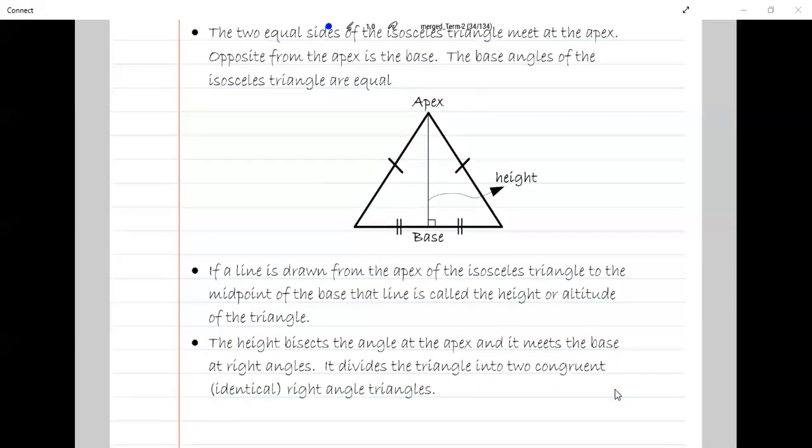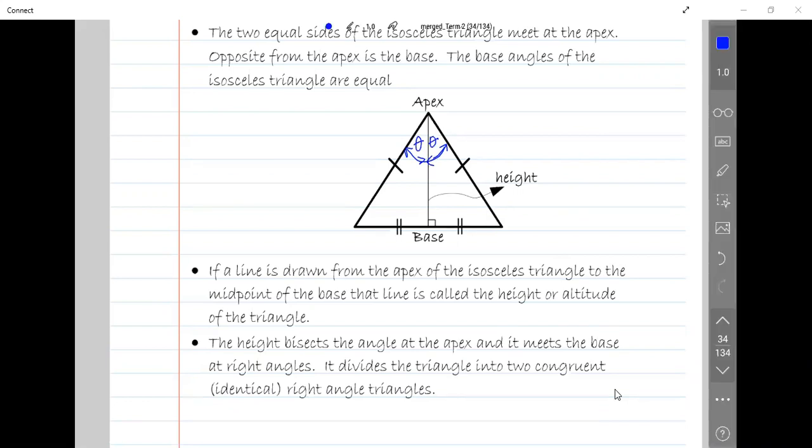The height bisects the angle at the apex, so it divides this angle here into two equal halves. It bisects the angle at the what? Apex. And it divides the triangle into two congruent or identical right angle triangles.